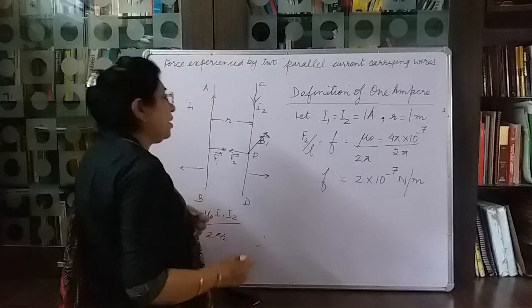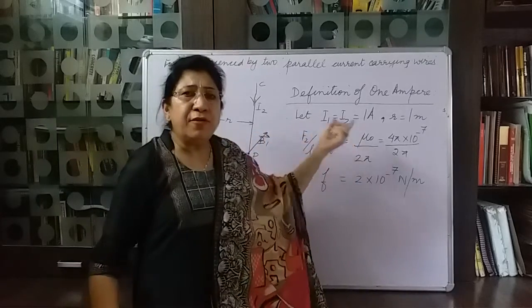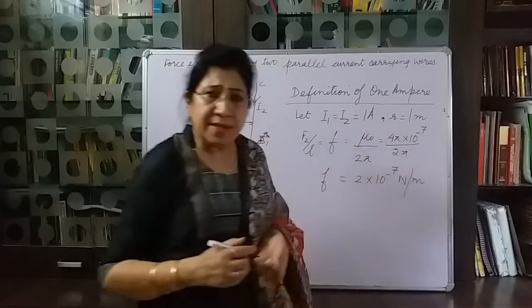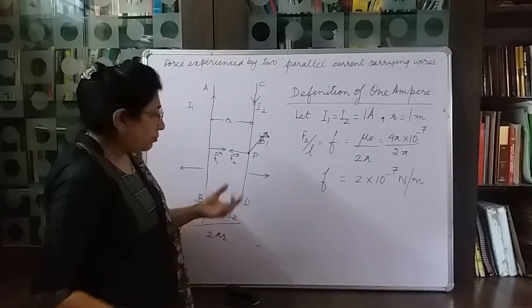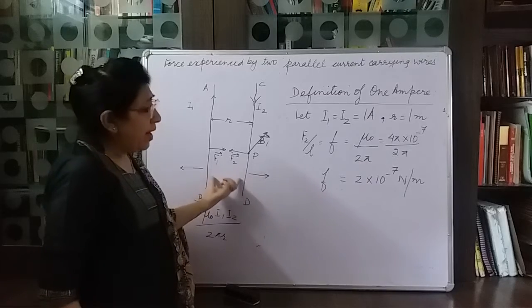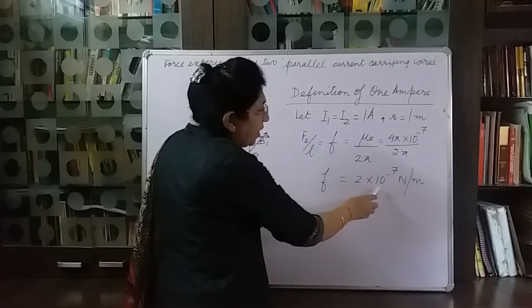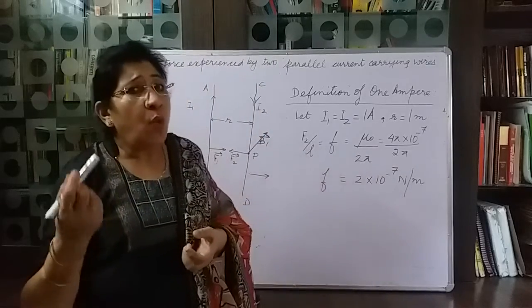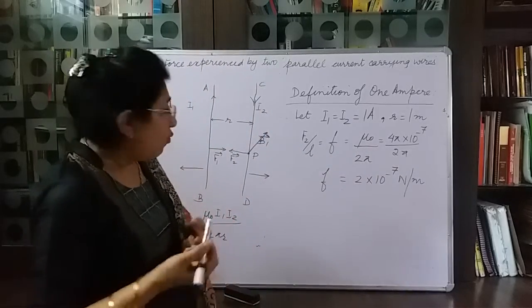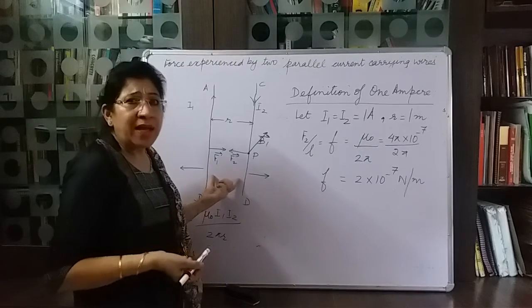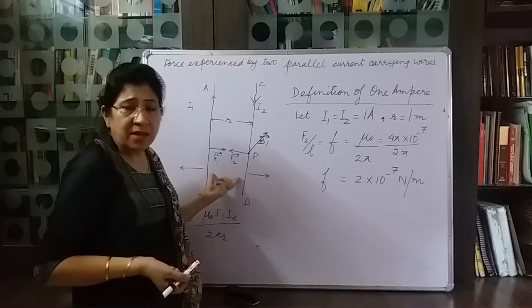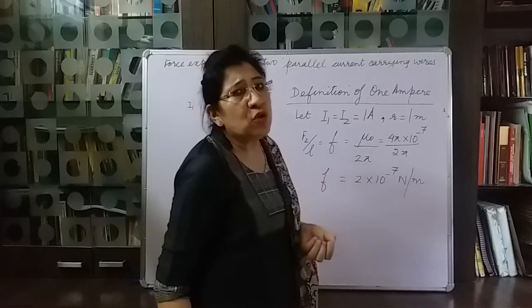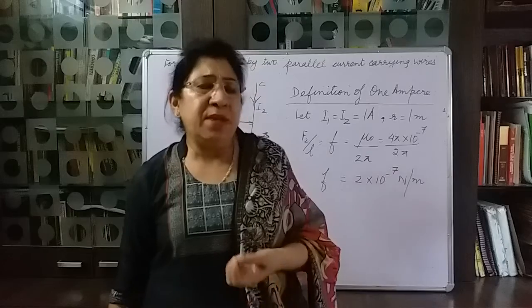So when a current of 1 ampere flows through two parallel wires separated by a unit distance, the force experienced by the wires is 2 into 10 raised to power minus 7 Newton per meter. We can define 1 ampere as that current which when flows through two wires separated by a unit distance makes them experience a force of 2 into 10 raised to power minus 7 Newton per meter.